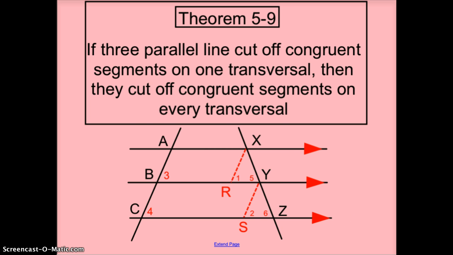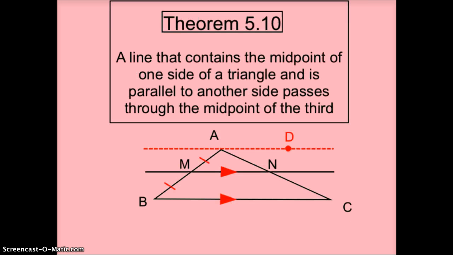Using that theorem, we can then say that if you have a parallel line and it passes through a triangle, if it contains the midpoint on one side of the triangle, it also creates the midpoint on the other.